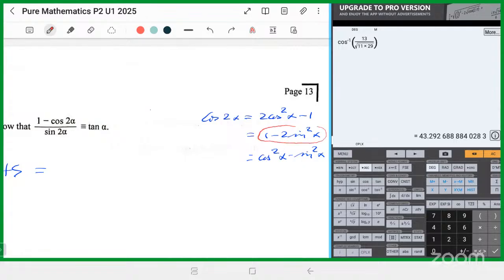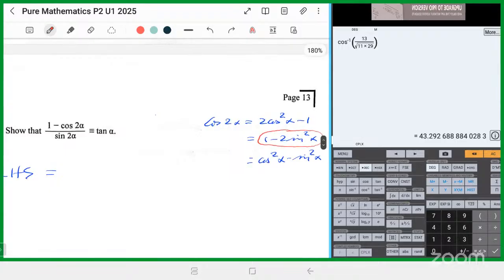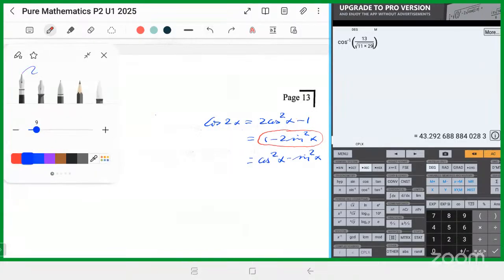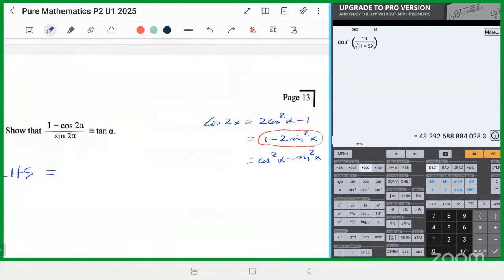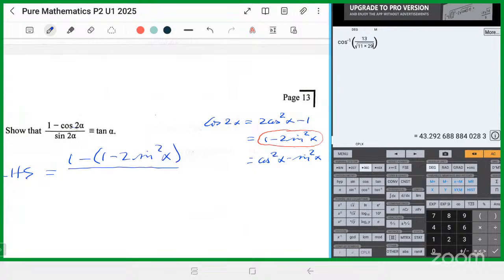So it's going to become 1 minus, and then I put in the bracket 1 minus 2 sine squared alpha, over the double angle, which is 2 sine alpha cos alpha.